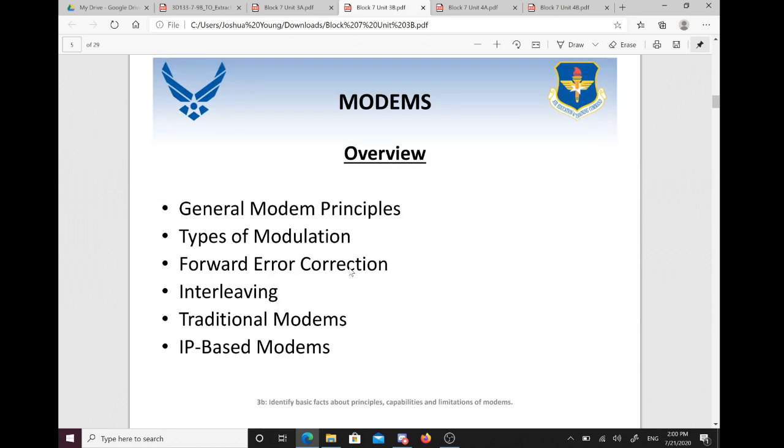In 3 Bravo, we will be discussing general modem principles, different types of modulation, forward error correction, and interleaving, which is a type of forward error correction. We'll identify some traditional based modems, and then lastly, IP based modems.